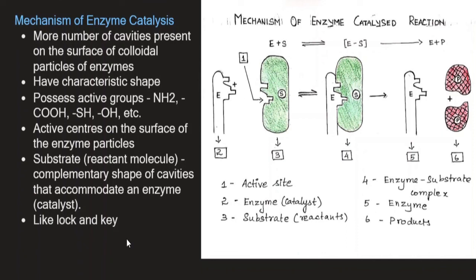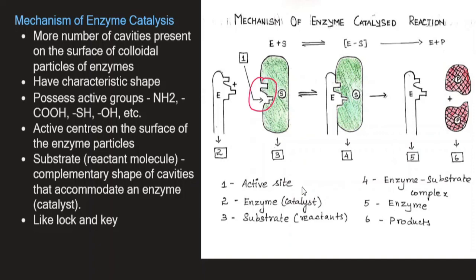Pavani has drawn this diagram very well. Thank you, Pavani. So here, mechanism of enzyme catalysis. You are able to see the key-like structure here and a lock arrangement. So it's a kind of key and lock. Here we have the active site. Are you able to see the active site here?